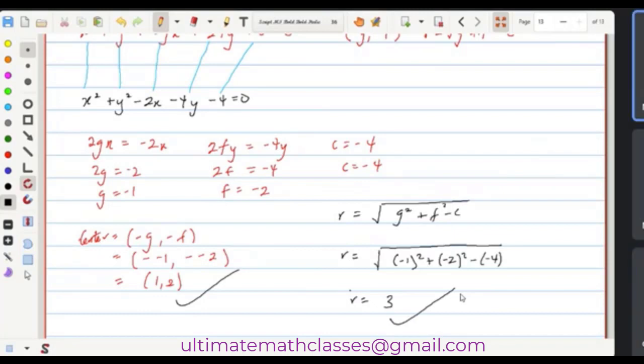Okay, so let's do another one. Find the radius and center of the circle equation. Are you there? Yeah.